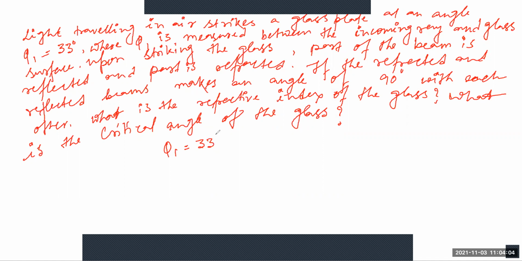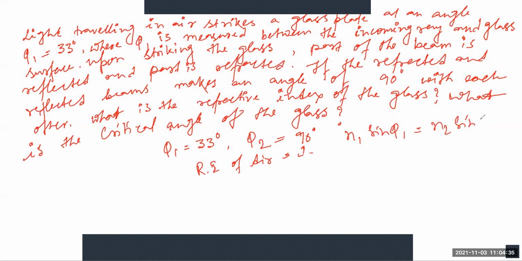So here phi 1 is given, that is 33 degrees, and phi 2 is also given, that is 90 degrees. And one thing you already know, that the refractive index of air is 1. So according to Snell's law, N1 sine phi 1 equals N2 sine phi 2.